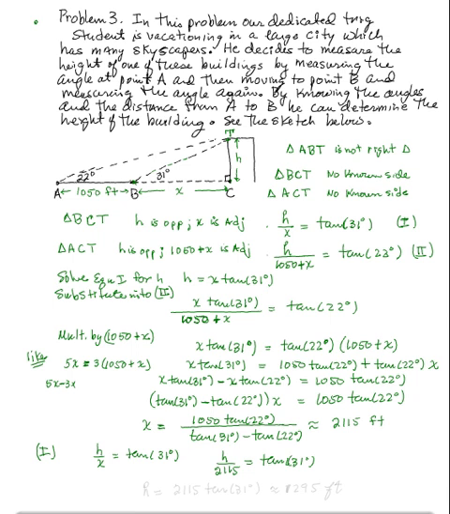And we solve for h. h equals 2115 times the tangent of 31 degrees. And that comes out to be 1,295 feet. So the skyscraper is 1,295 feet tall. And that is the end of example 3.